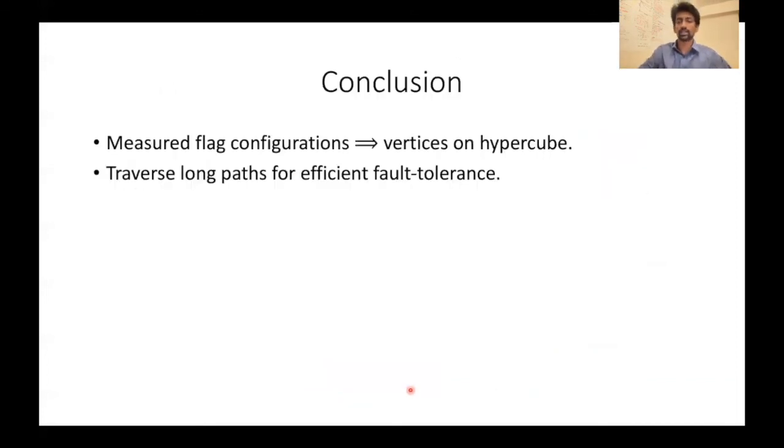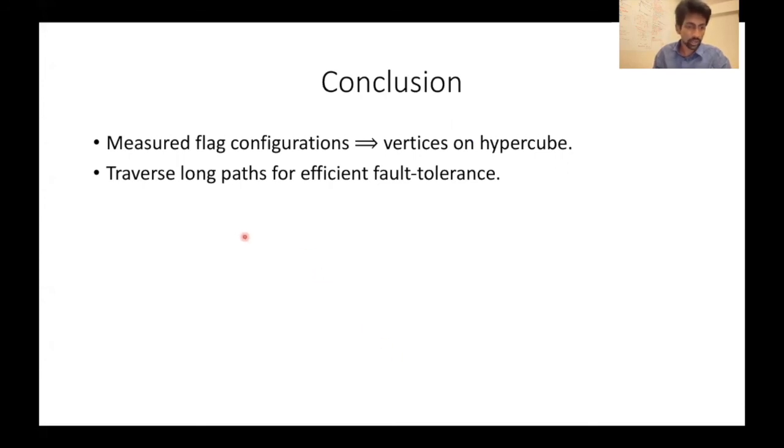So what have we seen in this talk? We've seen that measured flag configurations in fault-tolerant stabilizer measurement circuits can correspond to vertices on the hypercube. And by traversing through the paths on these hypercubes, you can exploit maximal length paths for more efficient fault tolerance. By efficient here, I mean using a few ancilla qubits to measure a high weight stabilizer.